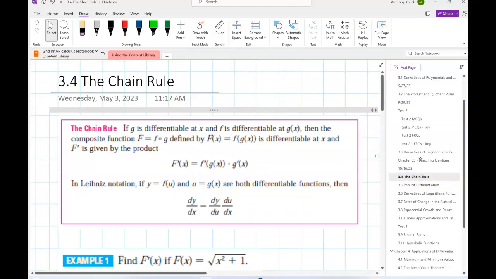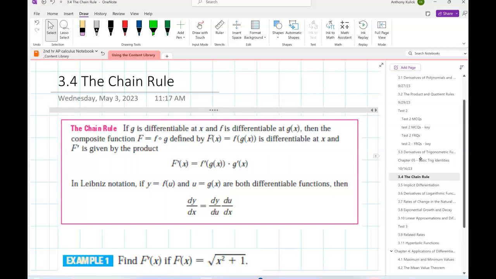This is one of the rules that we're talking about in chapter 3, which is all these derivative shortcuts. This one tends to be the hardest one for students to see that I have to use this, or how many times I might have to use this in the same problem.